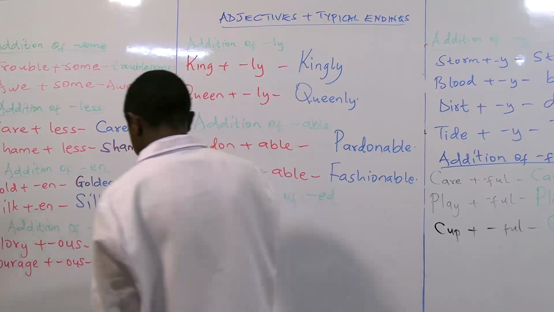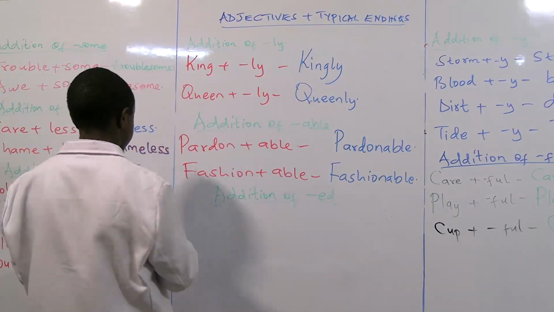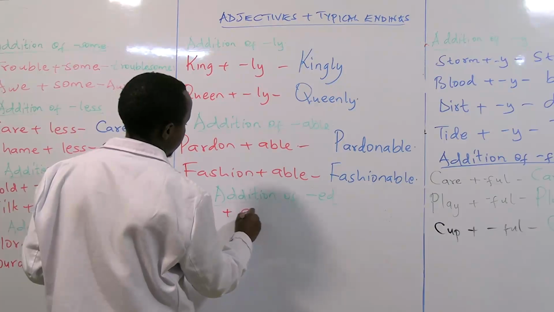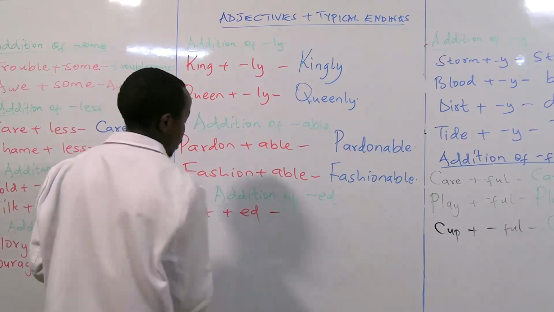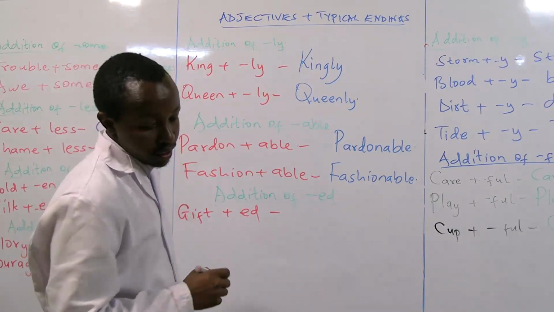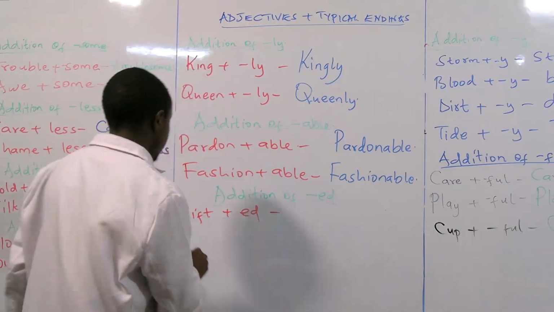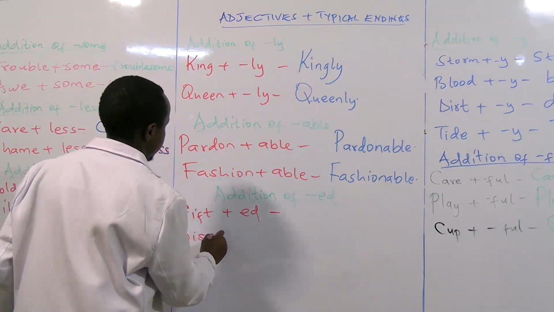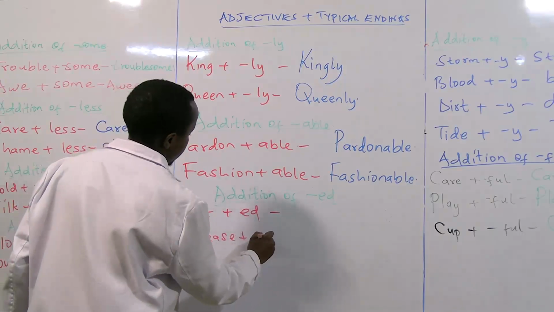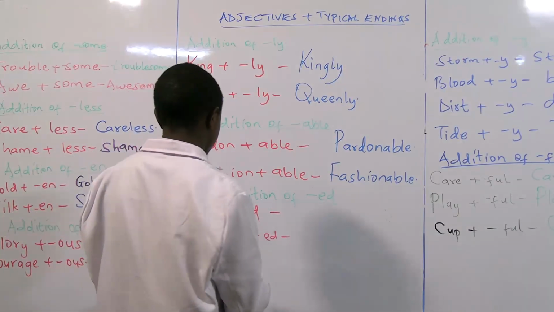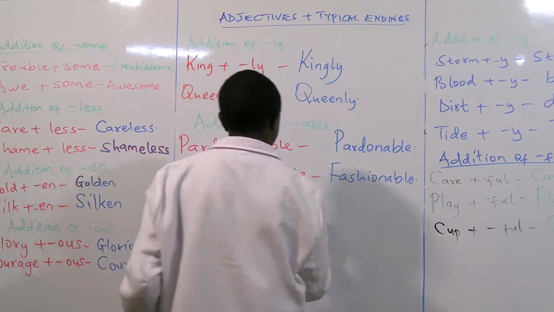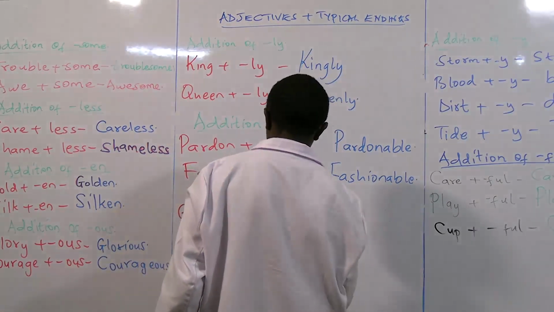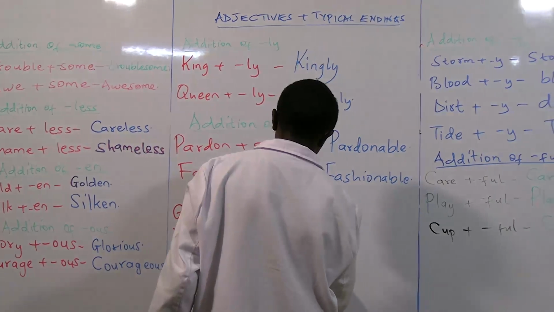Gift plus ed, then disease plus ed. Gift plus ed becomes gifted. Disease plus ed becomes diseased.